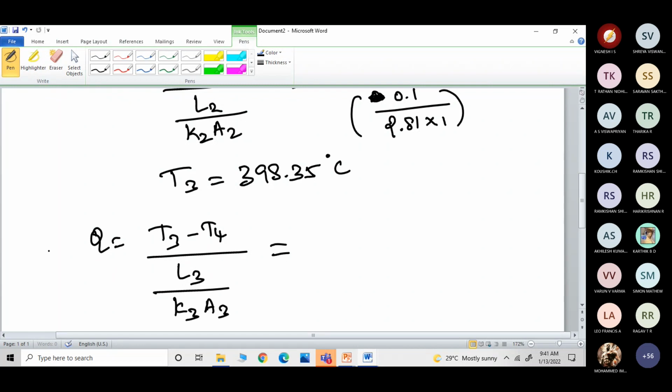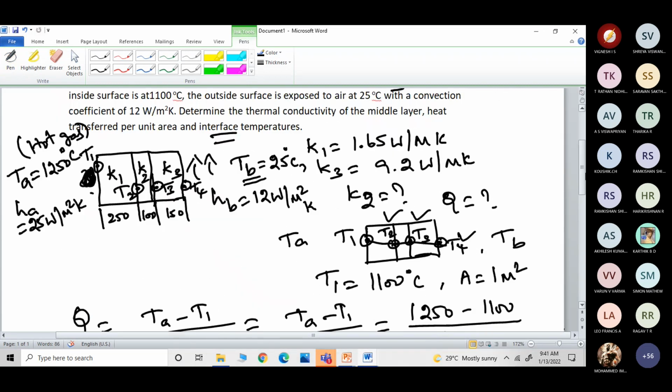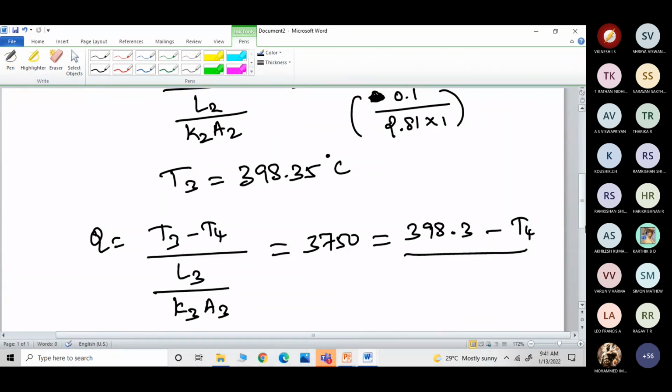So Q is 3750, which is equal to 398.3 minus T4 divided by L3. What is the thickness again? 150 mm, and thermal conductivity is 9.2. Since the thermal conductivity is higher, more heat will be transferred.